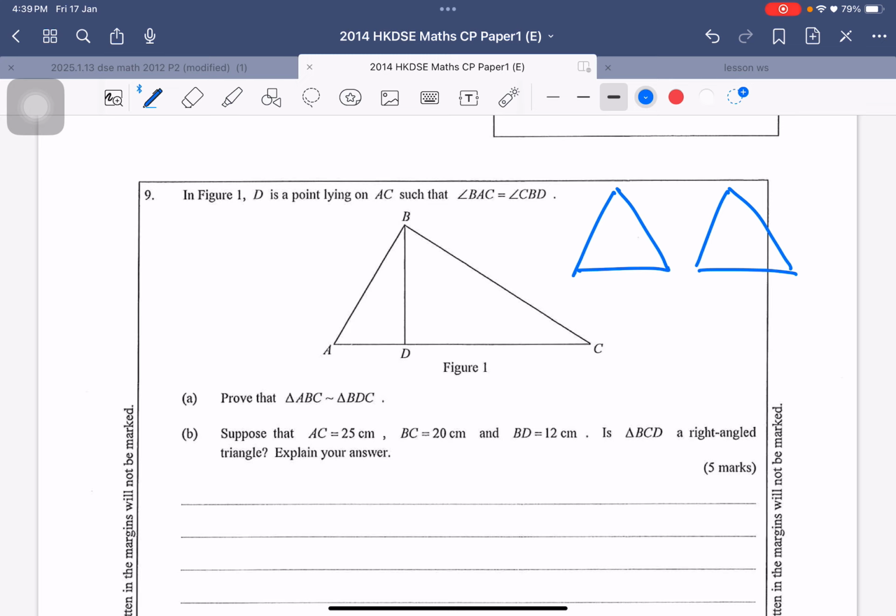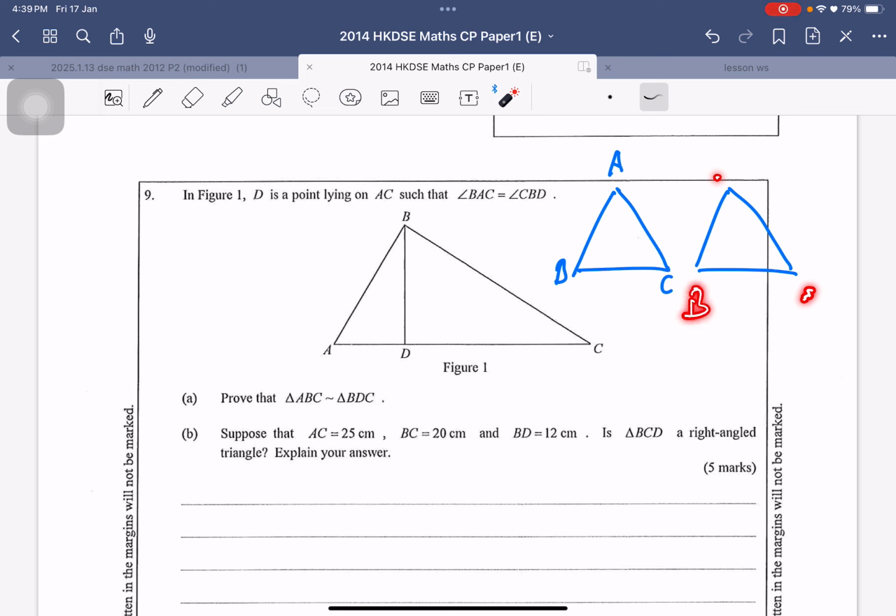So Zhongwu, what's the name of this triangle? ABC. And then what's the second triangle? BDC.